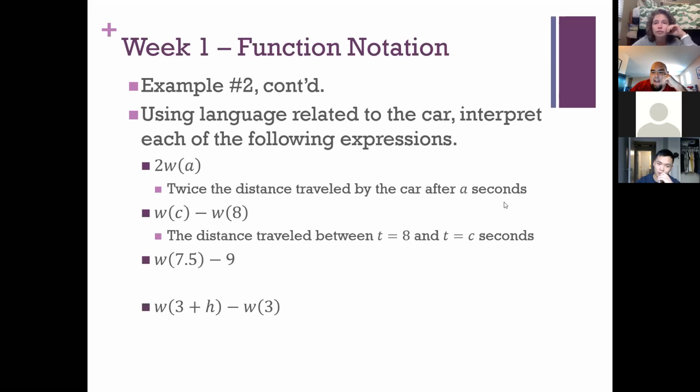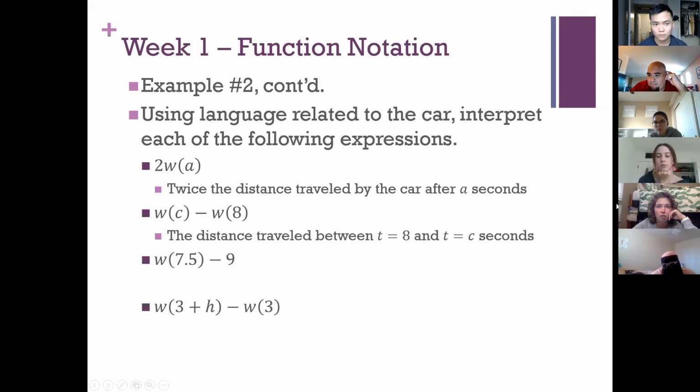Do you all know how to use the reactions at the bottom of the screen here? If you think a function can have one input and no output, give me a thumbs up. Okay, got a few thumbs up. If you think a function can have one input and exactly one output, give me a thumbs up again. If you think a function can have one input and multiple outputs, give me a thumbs up.